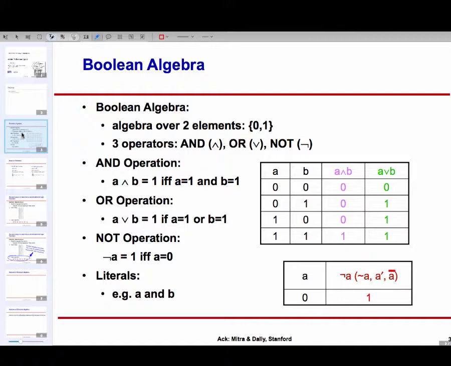The NOT operation: not A is 1 if and only if A is 0. That's how NOT is defined. These things A and B, like the X, Y, Z in normal algebra, are called literals. They're like the signals, the variables in our design.